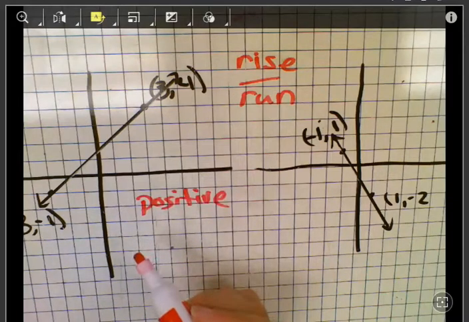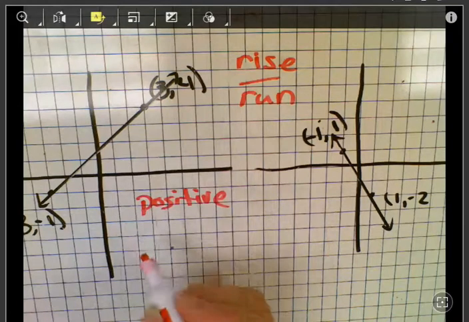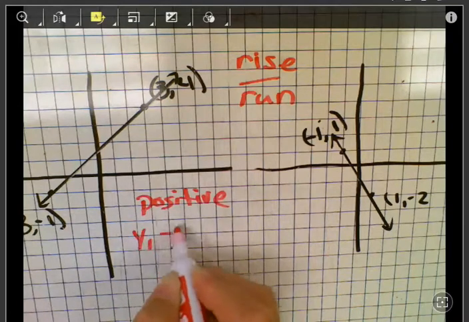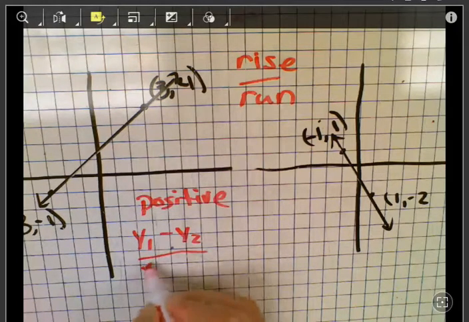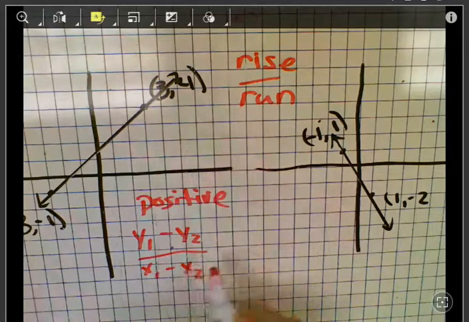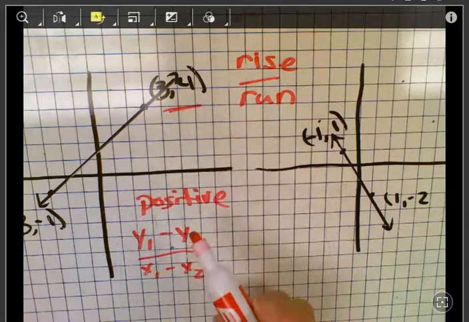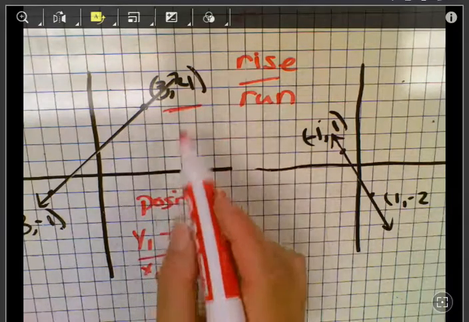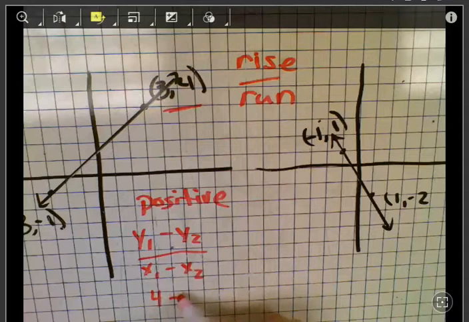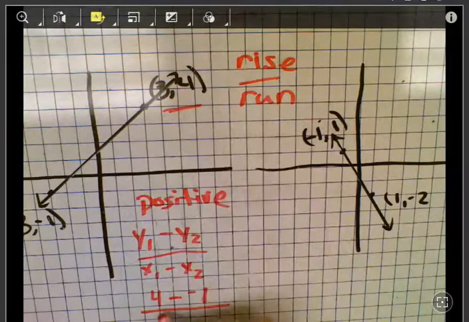And then to find your change in y over your change in x, it's simply y1 minus y2 over x1 minus x2. So if I'm using this particular one, I would take my y value of 4 minus my negative 1, over my x value of 3 minus a negative 3.